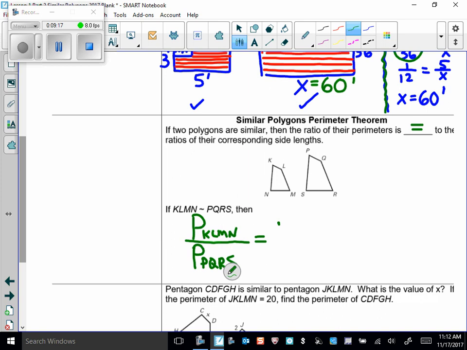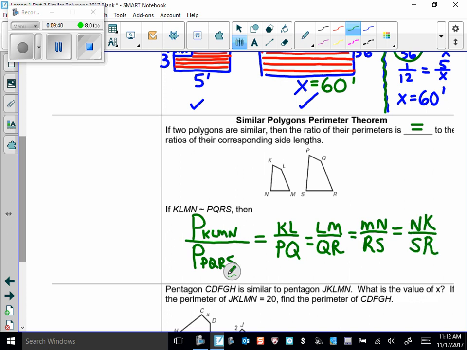So I could write all the corresponding sides here, KL over PQ, which is the same as LM over QR, which is the same as MN over RS, and finally NK over SP. Scale factor, SP, not SR.